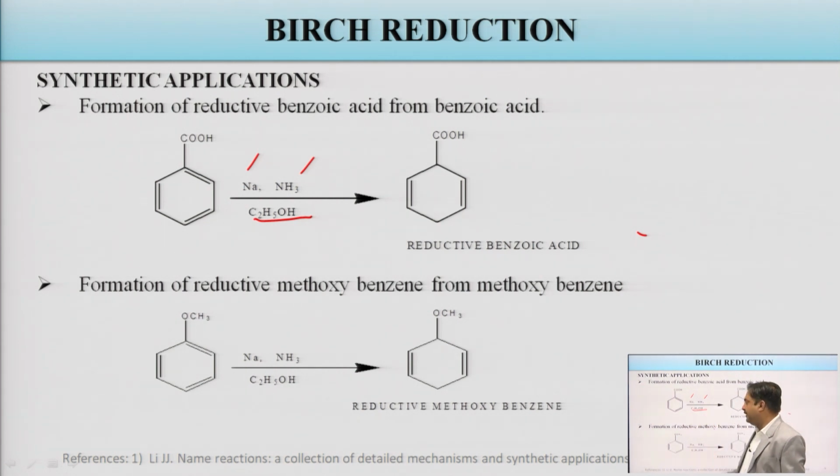In the next application, you can see formation of reduced methoxybenzene from methoxybenzene. Again, one of the double bonds of the aromatic ring will get reduced, and we are getting reduced methoxybenzene in the presence of sodium alkali metal, ammonia, and ethanol. Some other examples, if you can remember, we can also reduce nitrobenzene.